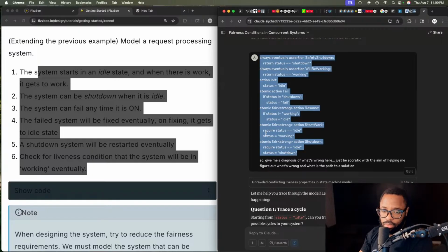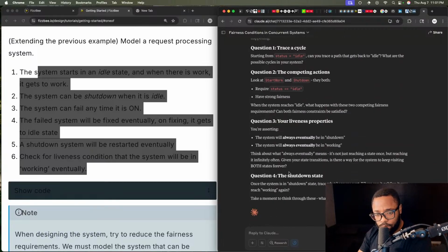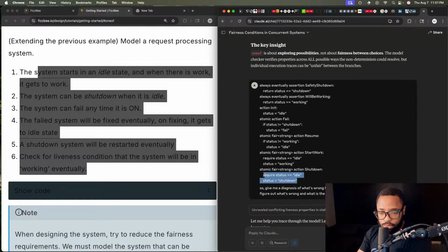Shut down, idle, and then again in the same loop. Can we ever get to working is a specific question. So once you're in this state, shut down.